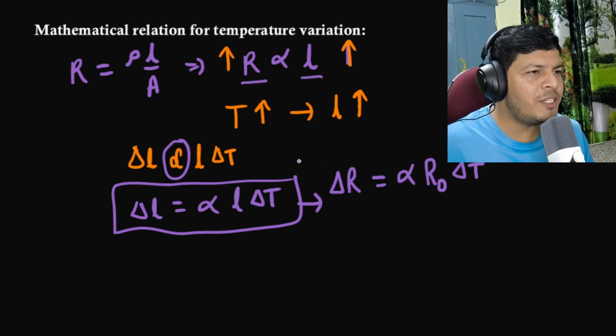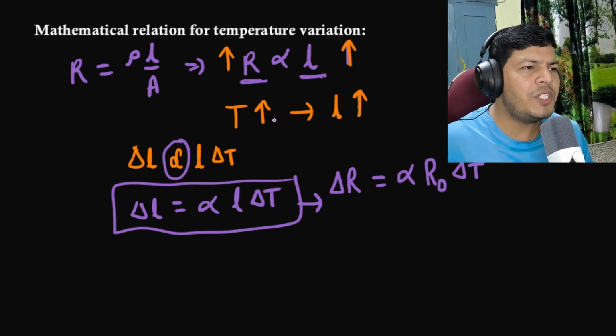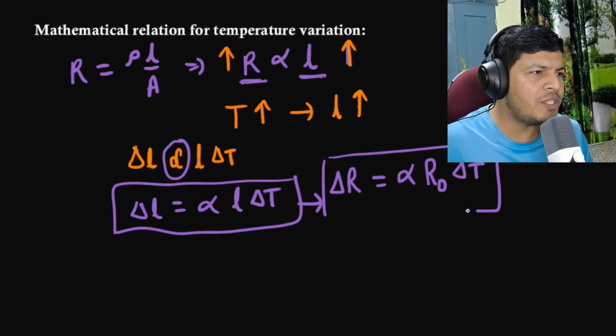I can write this equation because resistance is directly proportional to the length of the conductor, and if there is a change in length, then there will be a change in resistance. So change in resistance is also directly proportional to change in length. That is why I can reach this relation. Now this relation is very important for us.